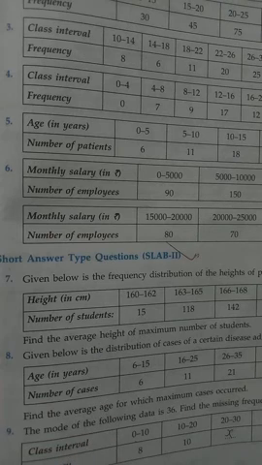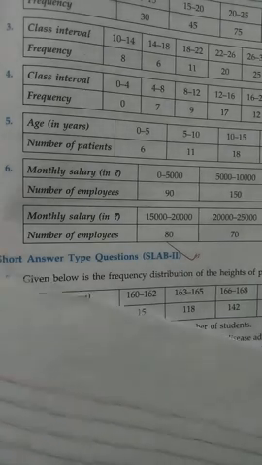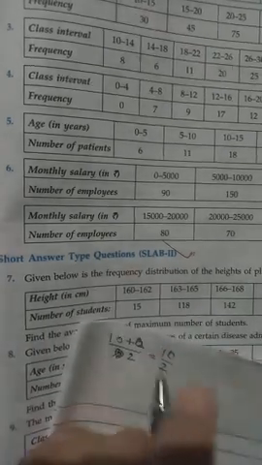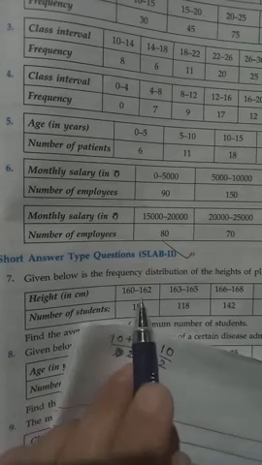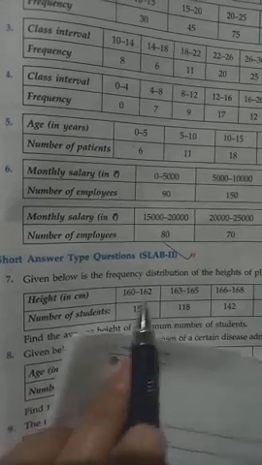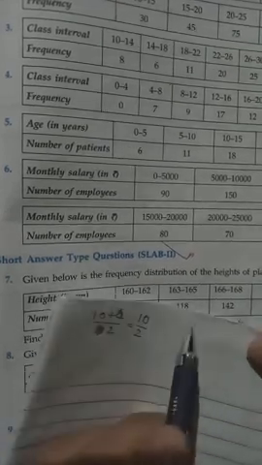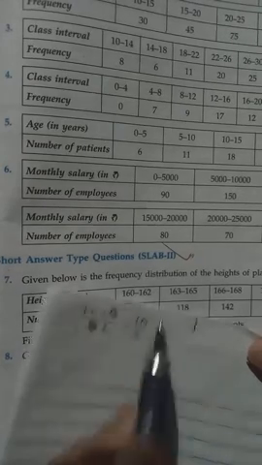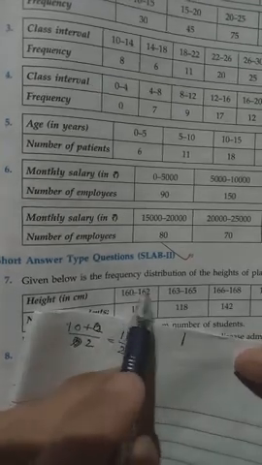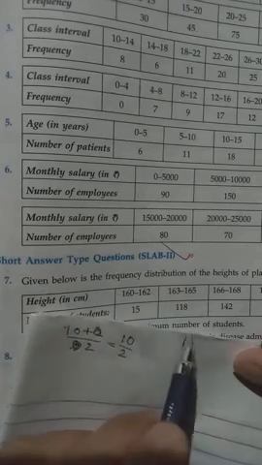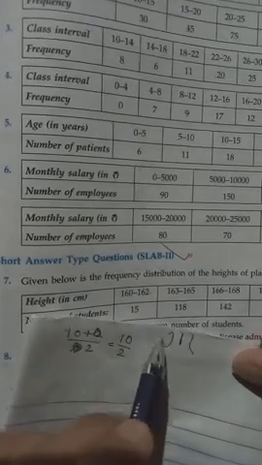How? By adding and subtracting. See how much is the difference between 163 and 162. 163 minus 162, we get 1. Then how many class intervals? There are 2. So we have to divide by 2.